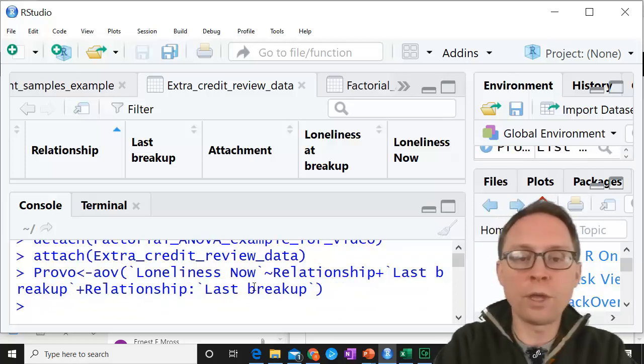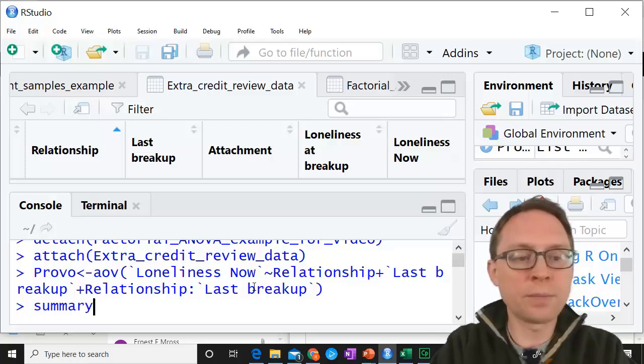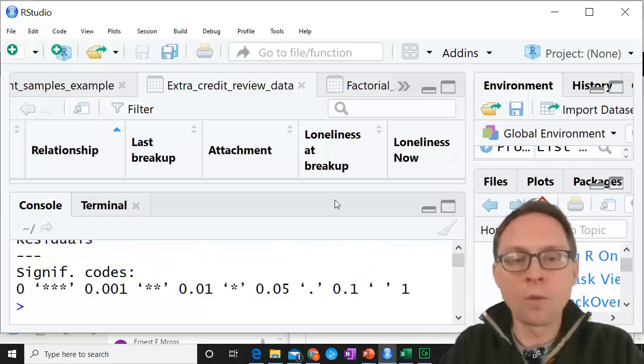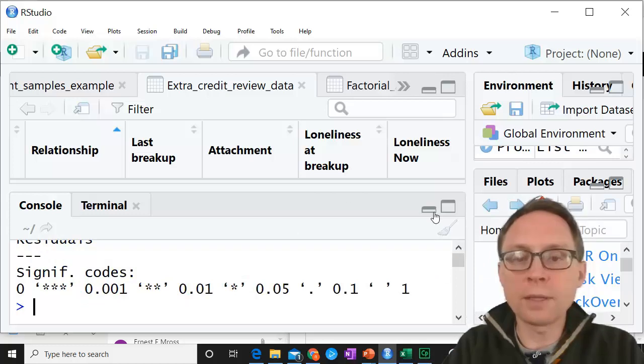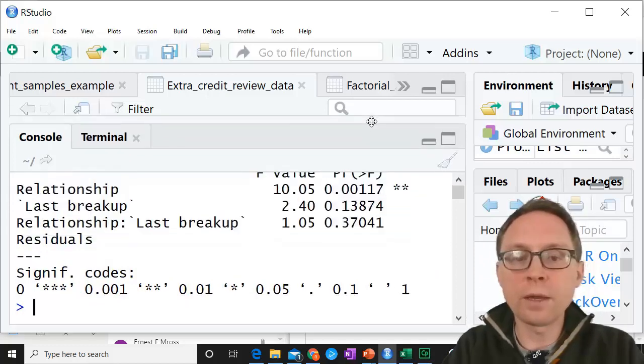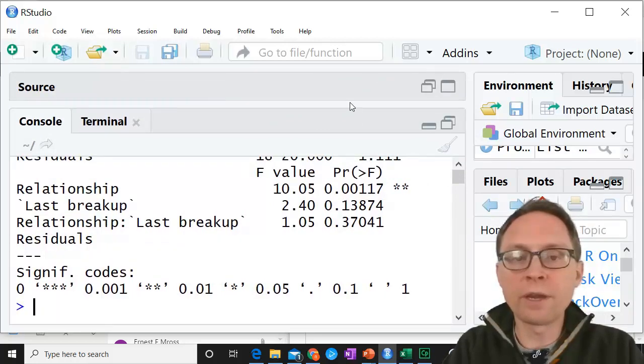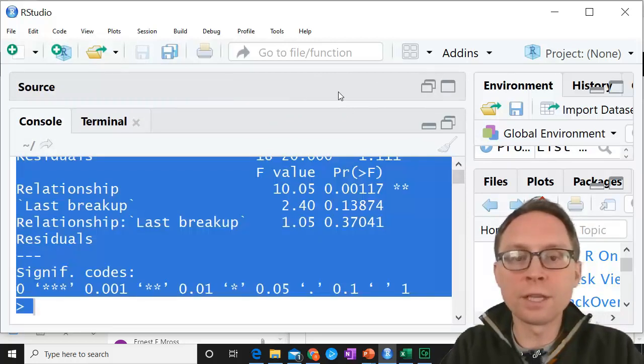So then we go in there and say summary Provo. When we do this, we get what we want. And let's see what we want here. Look at the whole thing. Okay, because we have long variable names, it's a little hard to see.